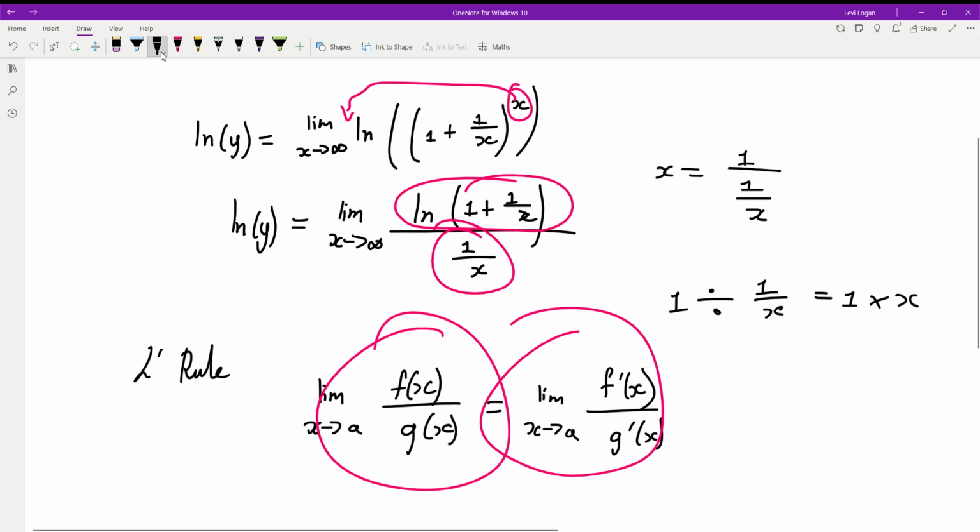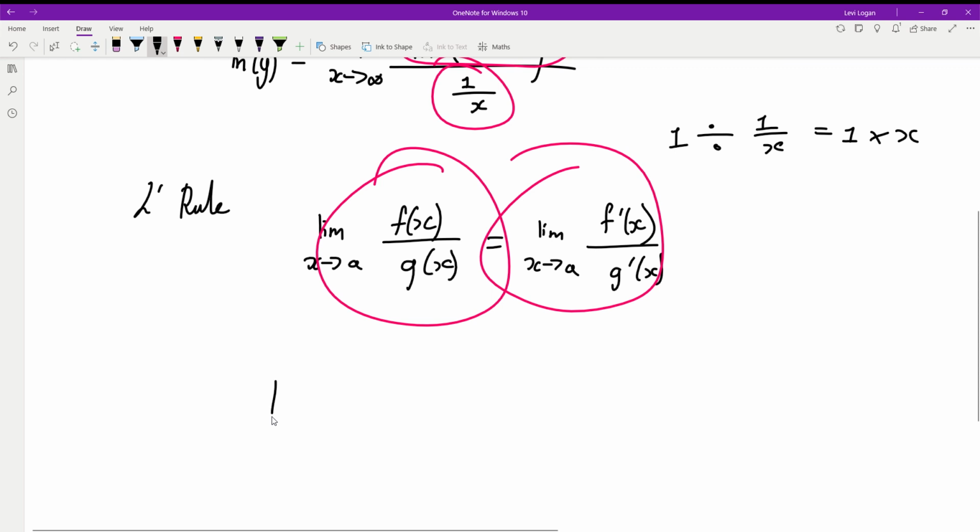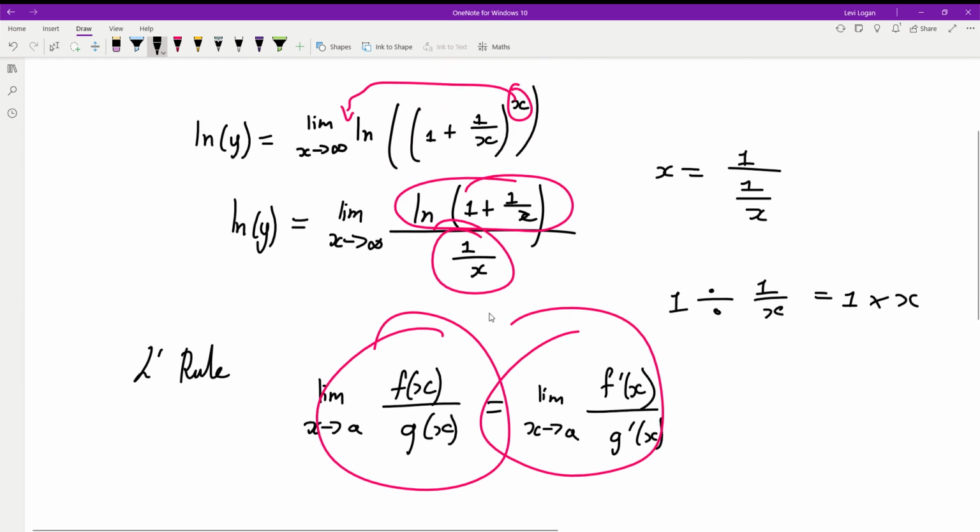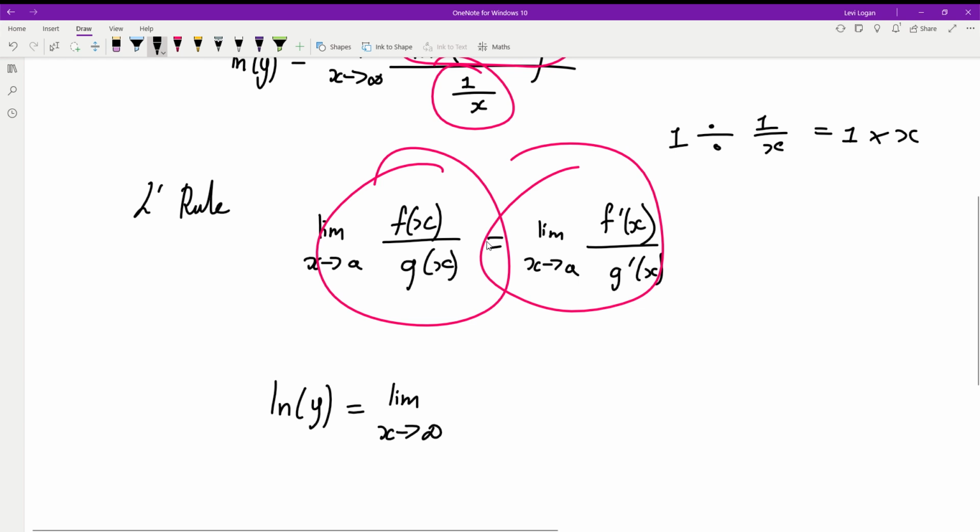So what we're going to do is, we'll leave this side here. So ln of y equals the limit as x goes to infinity, and now we're going to differentiate each of the terms. The first one is differentiating natural log of 1 plus 1 on x, and the second term is differentiating 1 over x. If I differentiate this term, it's going to be a chain rule because we have an inside function.